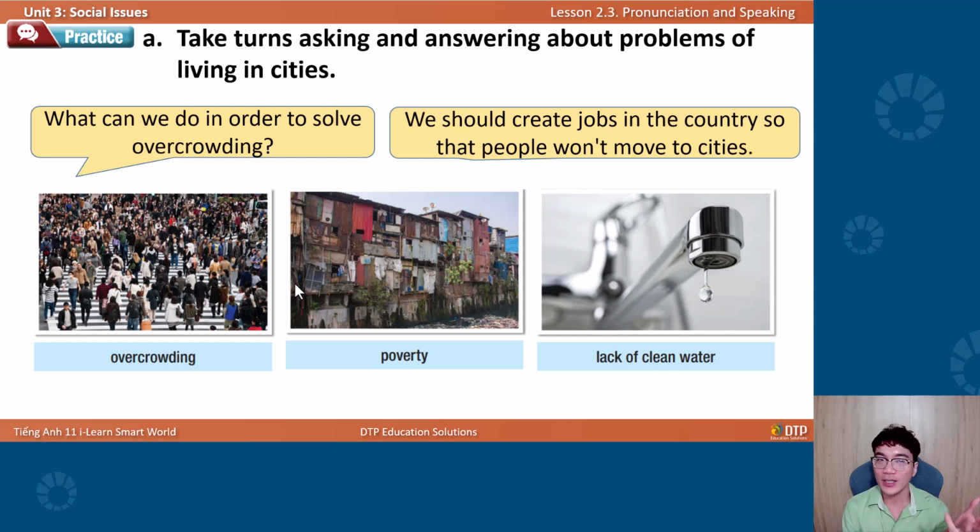So you ask questions like, what can we do in order to solve overcrowding? Don't say to, say ta, okay? What can we do in order to solve overcrowding? So you answer, we should create jobs in the country so that people will move to cities. I ask you answer, please. What can we do in order to solve overcrowding?